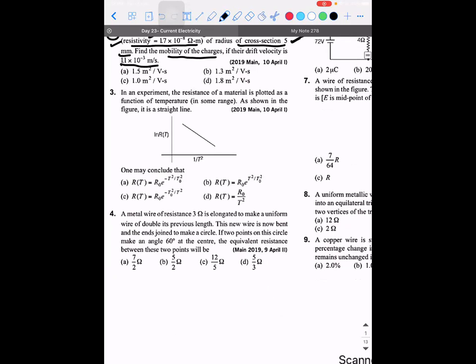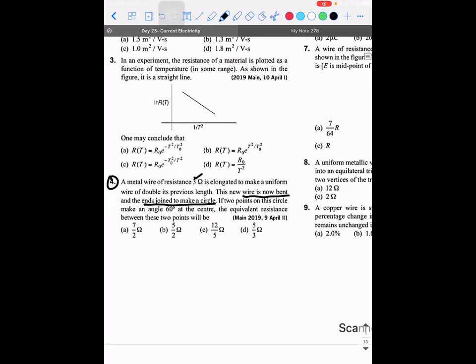Next, let's do the fourth one. Try this out now. There is a metal wire of resistance 3 ohm which is elongated to make a uniform wire of double its previous length. The new wire is now joined at the ends, making it a circle. If the 2 points on the circle make an angle 60 degrees at the center, the equivalent resistance between these 2 points will be? Read it slowly, okay?